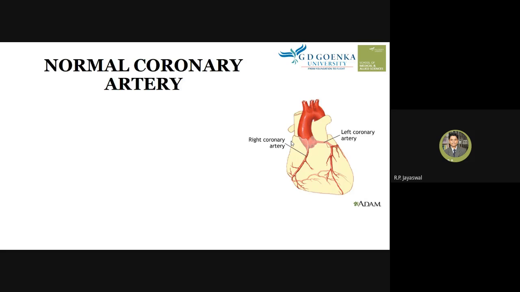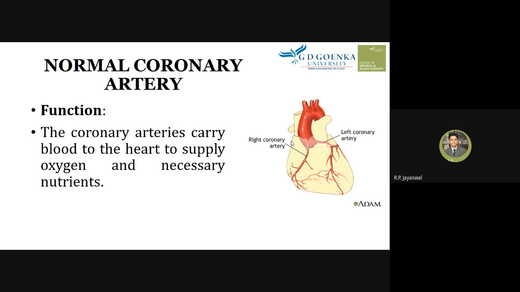So what is the function of this coronary artery? The coronary arteries carry blood to the heart to supply oxygen and necessary nutrients. This is the overall function of arterial blood.